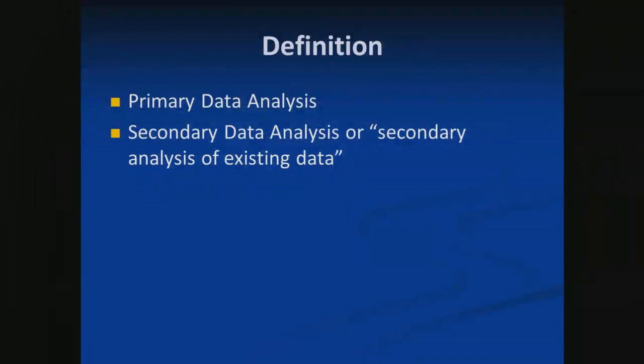Let's say your mentor wanted to collect information about dental implants for a whole other hypothesis, and the mentor collected the data and has everything ready. You come along and they say, great, you want to look at dental implant failure? Why don't you use the data set I already collected? That would be a secondary data analysis.